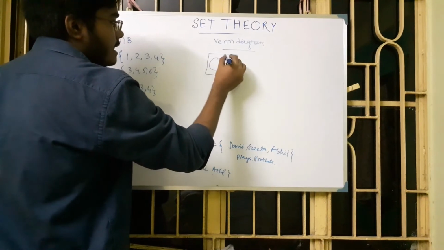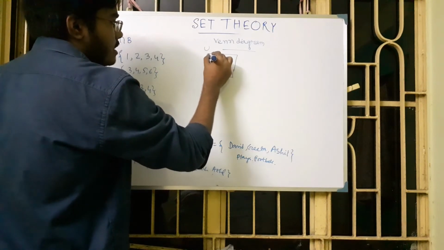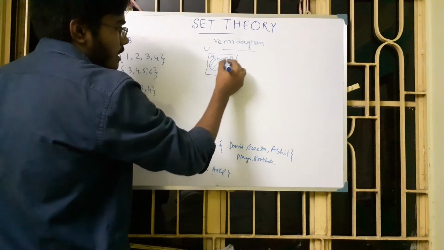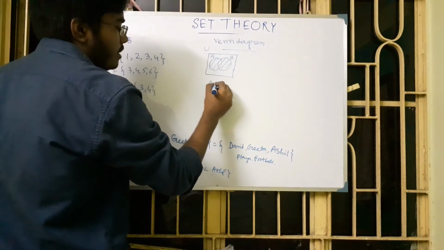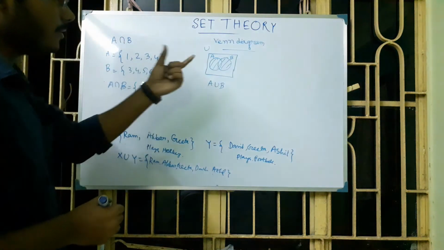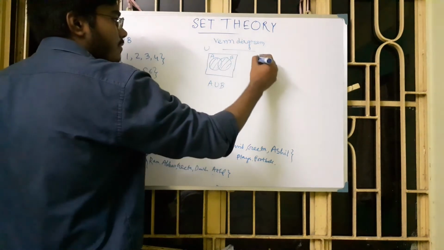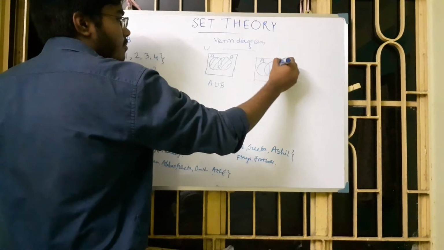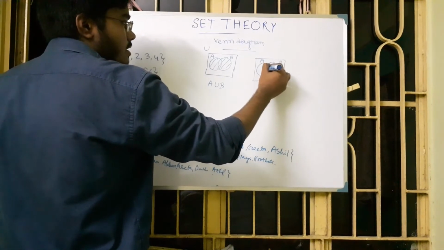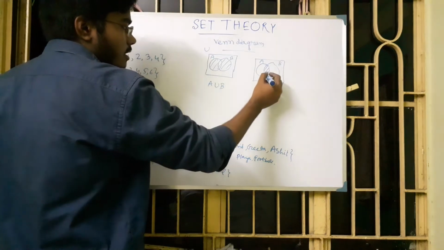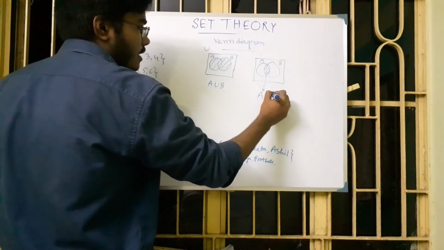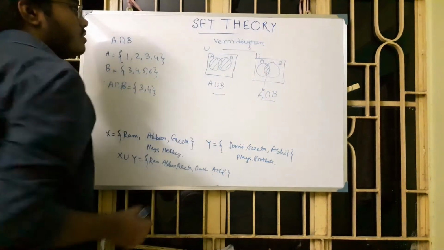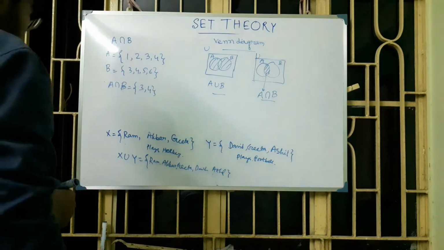Okay, if this is set A and this is set B, this is the universal set, then this total thing is A union B. Okay, total thing. If this is set A, this is set B, then the intersection, that is the common thing between A and B, is A intersection B. Okay, this is the universal set.